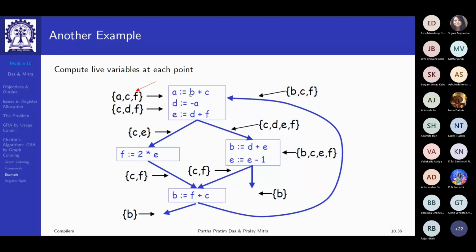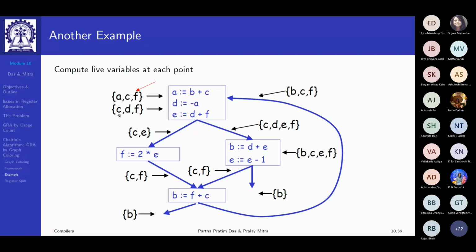B is not live because after this use, B is not used in the remaining part of the basic block, nor is B live on exit. Here you can see that the live variables are C, E, here is C, D, E, F, so B is not there. So B does not need to be live anymore. So I say this is A, C, F, this is what is live.